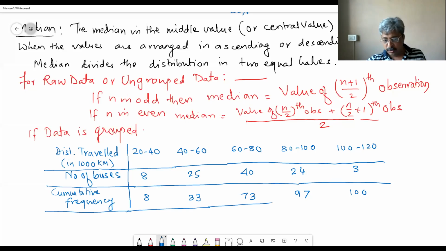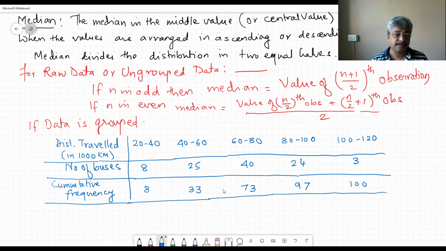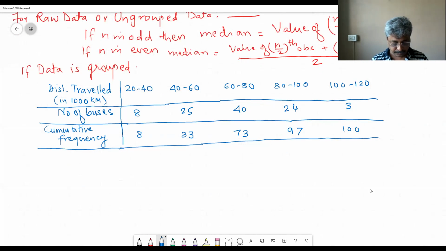Okay. So now I am going to give you a formula by which you can find the median for this. The formula is: first of all, total observations is equal to capital N. In our case it is 100.